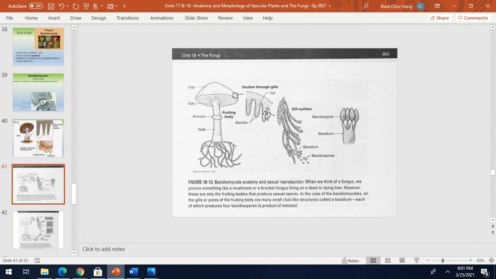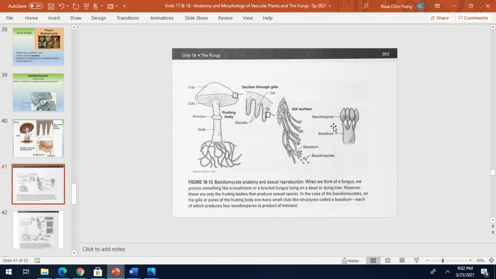And here is another piece of it that's magnified here. So on the gills, this is the gill surface. And then here you should see at the very end, basidium here. And then it releases basidiospores once it goes through meiosis and mitosis to form 4 basidiospores, and they would be released.